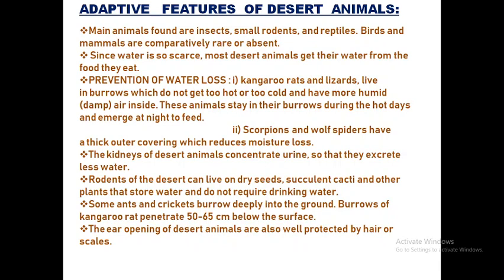You can see such diversified features used by desert animals, not only camels but many other animals, to protect themselves from the harsh environment of the desert. Not only protect, but also stay in a smooth life. They have such adaptive features.